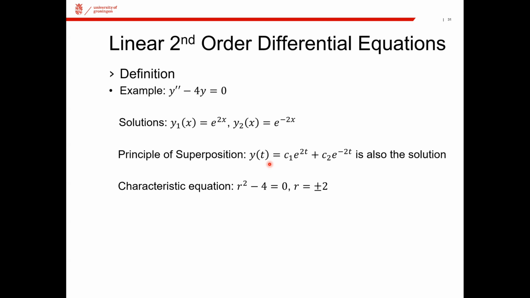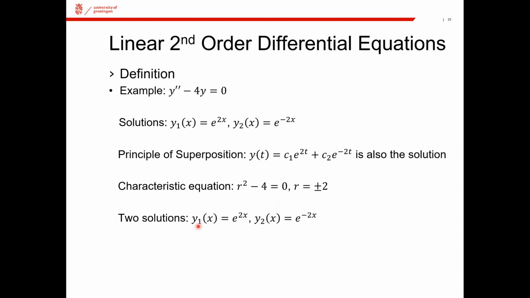And the characteristic equation, in this case, is r to the power of 2 minus 4 equals 0. So we solve this equation and we have r equals plus or minus 2. And same, we have two solutions.